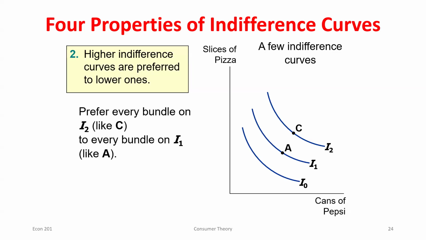I've got the same amount of one good, more of the other. Am I going to be happier or less happy than before? If I have the same of one good, more of another, I'm going to be happier, or have a higher level of total utility. So one thing that we'll also say is these curves can't cross.